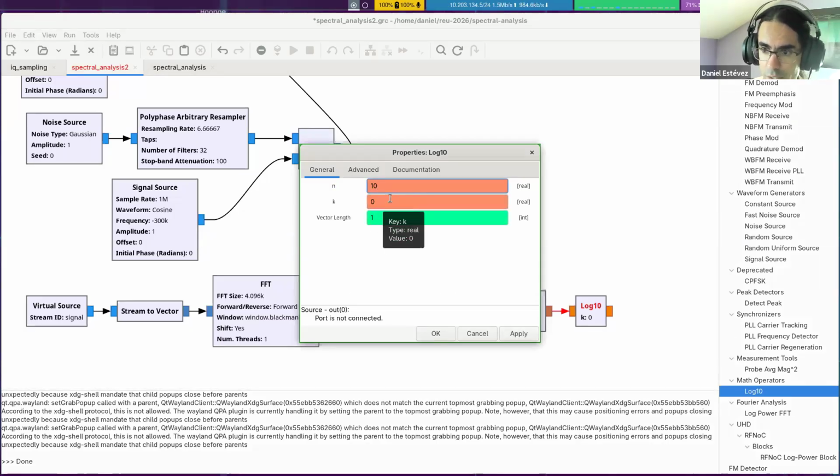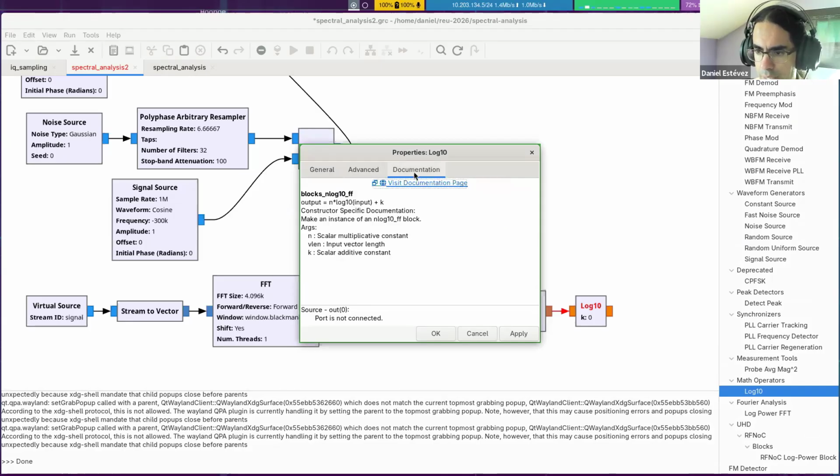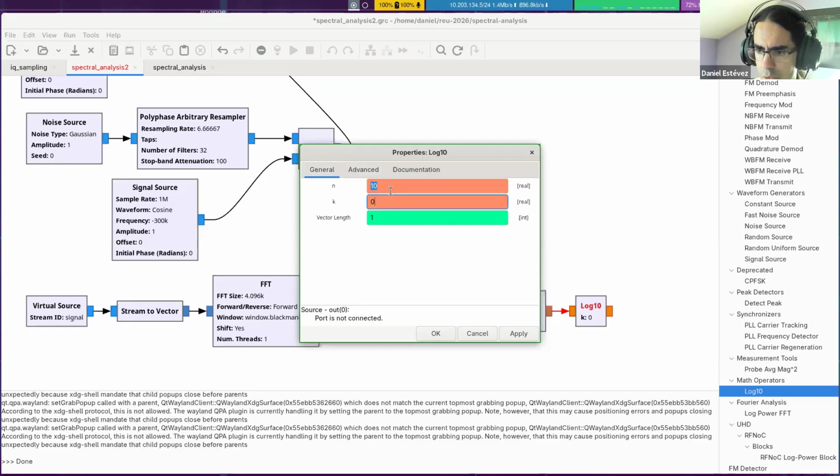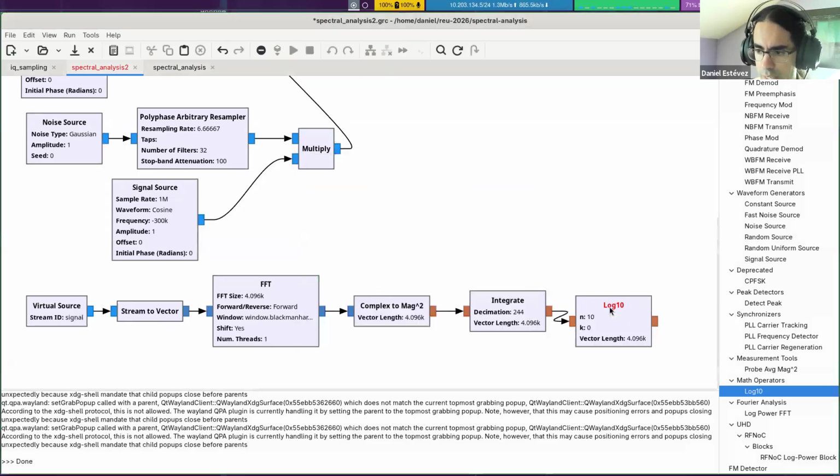This is like 10 log10, so n is the 10 in front of the log10. So it's 10 times log10 of the input. We can optionally add a constant k, but we don't need that today. So that's how we convert to dBs. And then the vector length, as always, is NF50.